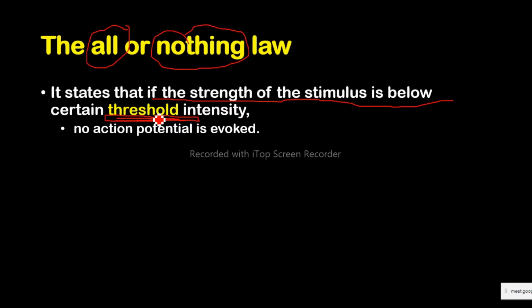Now, if the strength of that stimulus is below that value, then no impulse, no action potential, is going to be evoked.